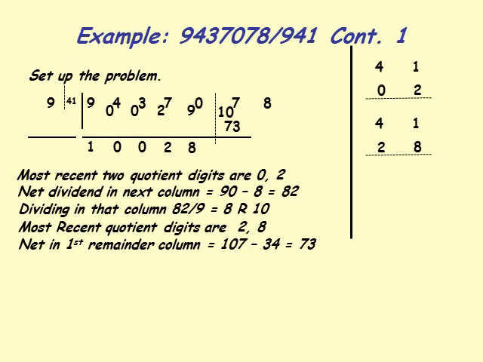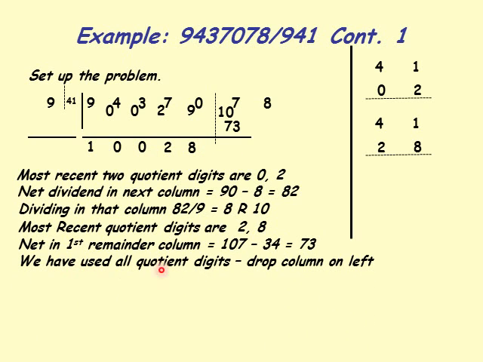Okay, let's continue. Now we have no more quotient digits. We have used all the quotient digits here. So we will start dropping the column on the left, going from left to right. So there is no quotient digit here, only one is available, which is 1 and 8.